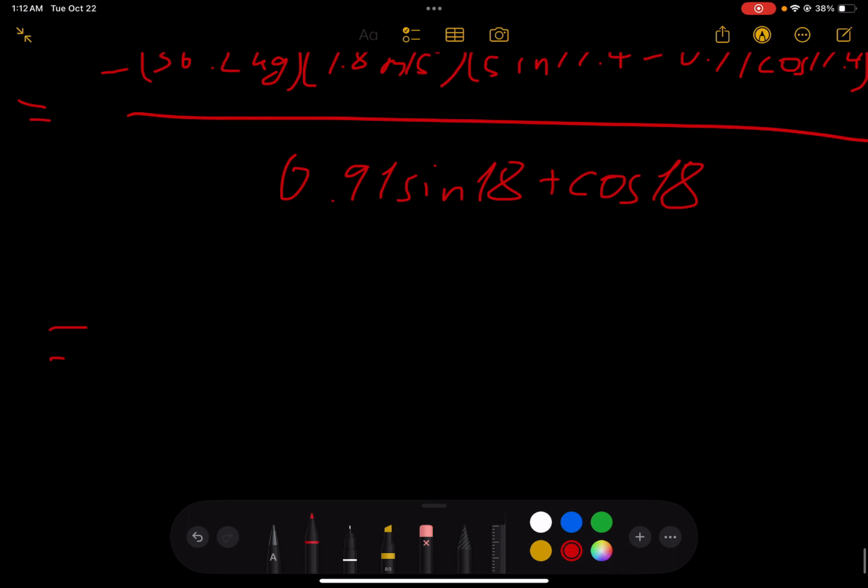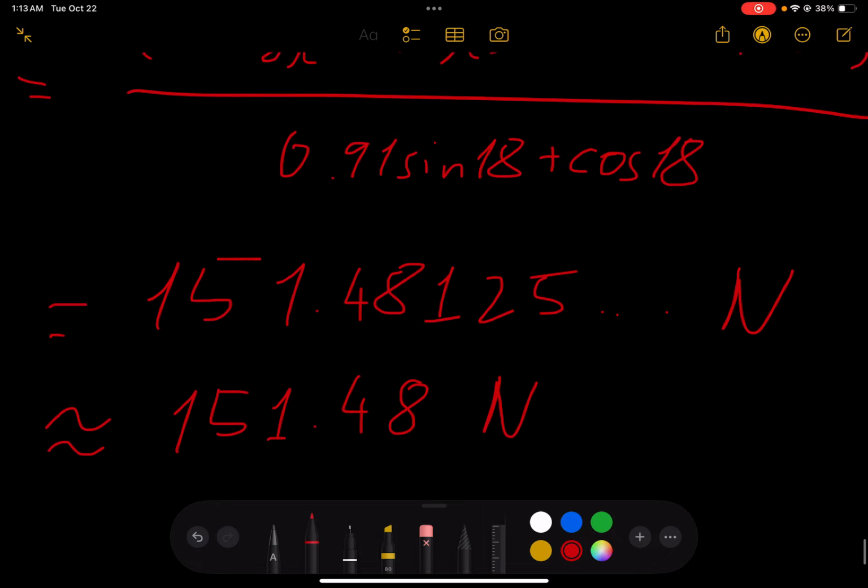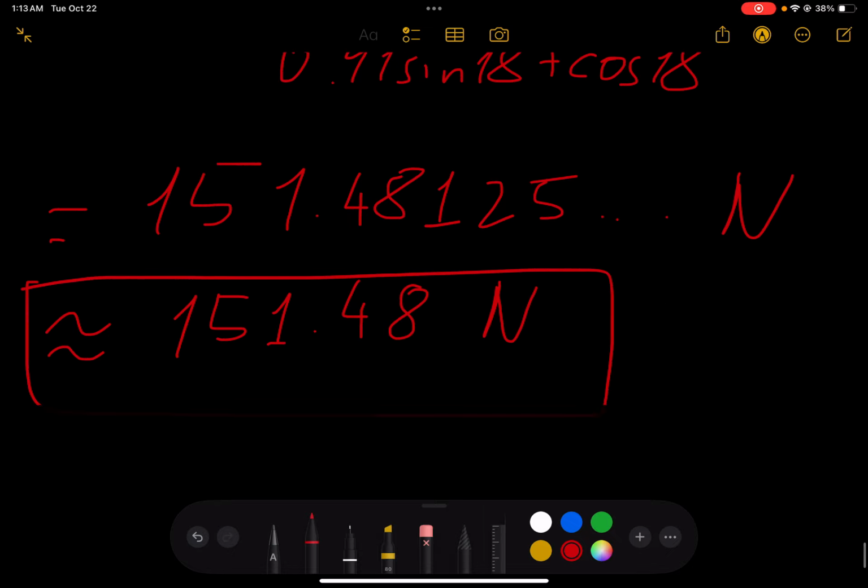So when I put this in the calculator, I got 151.4125, etc. Or rounding it off to 151.48 newtons. There you go. And that's how I got this answer.